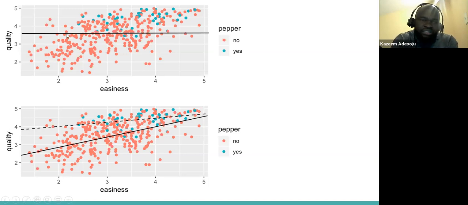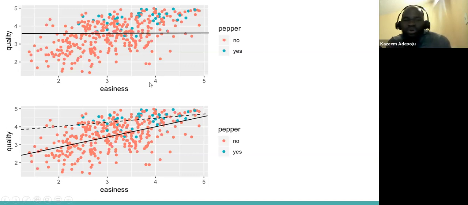And take a look at this. This is more or less giving us the notion of the intercept model. But in the intercept model, before I can consider this straight line, it means I'm actually going to get the same value of quality when I increase easiness.